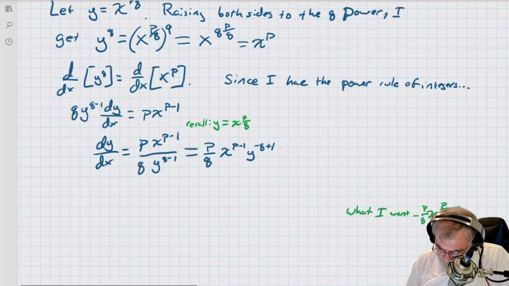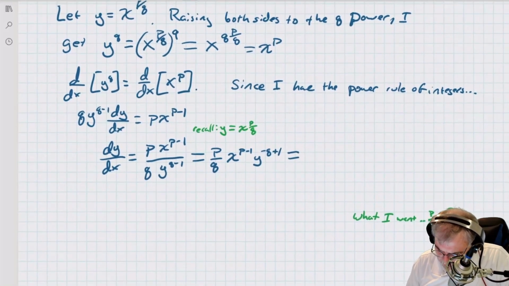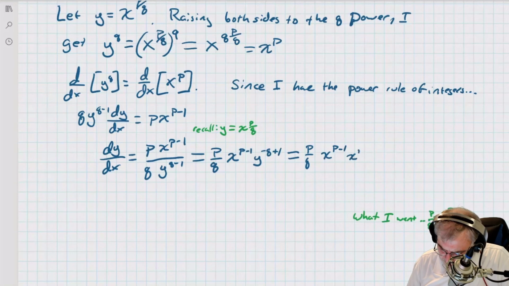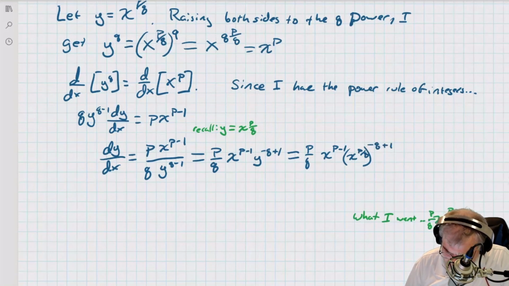And then I'm going to sub in for y here. So I'm going to wind up with p over q, which just hangs out, x to the p minus 1, x to the p over q, to the negative q plus 1. Okay, so this right here, what I did was sub in for y.